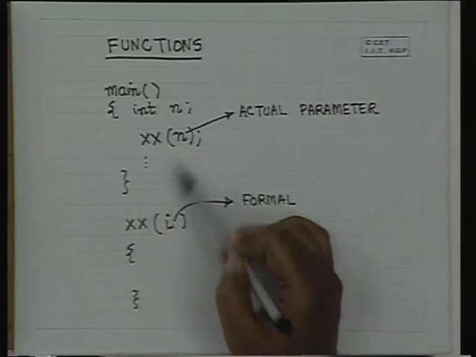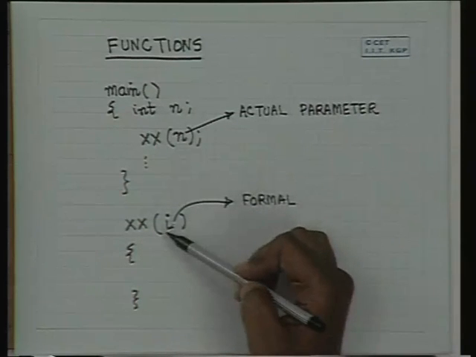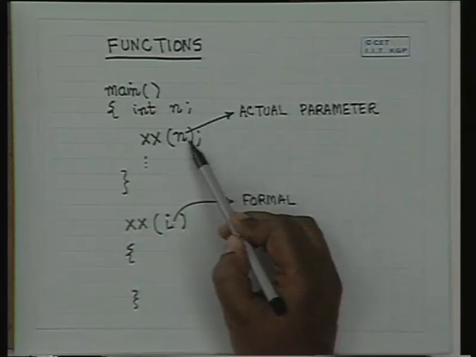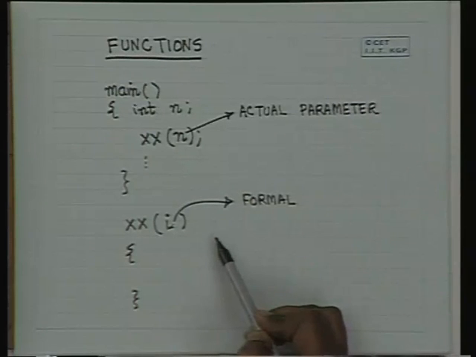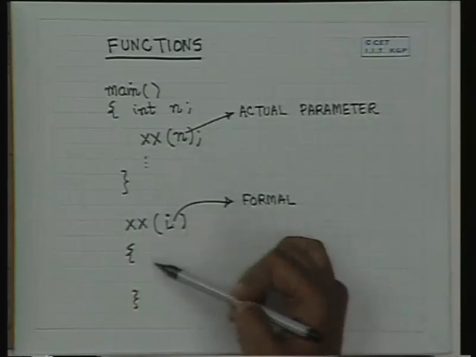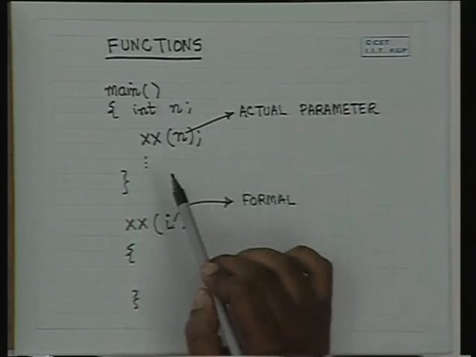The type of the 2 must match. If the types do not match, there will be problems. Obviously you can have more than 1 parameter, and here also you must have the same number of parameters. You cannot have less or more, and their types should match in a 1-to-1 fashion. This is well known. So now let us see through an example what happens in a C program function.